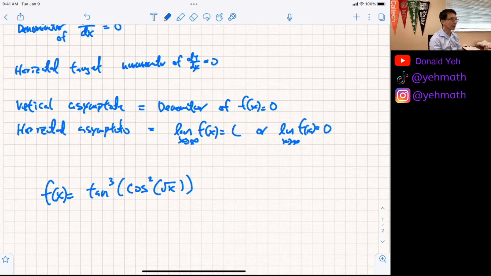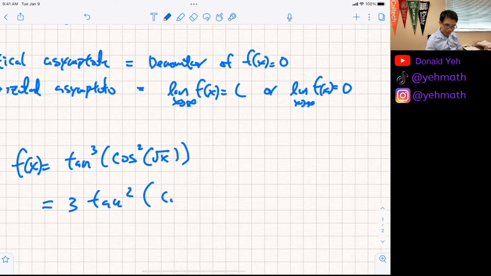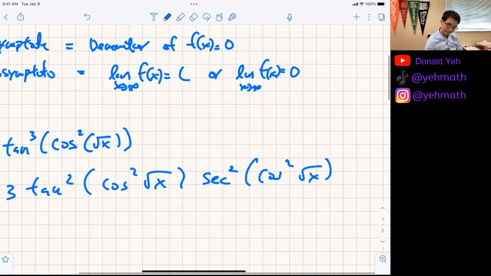Okay. Raise your hand if you think you know the answer. Jake, yes? 3 tangent squared of cosine square root x. Hold on, 3 tangent squared of cosine square root x, times secant squared of cosine squared of square root x, times 2 cosine square root x.